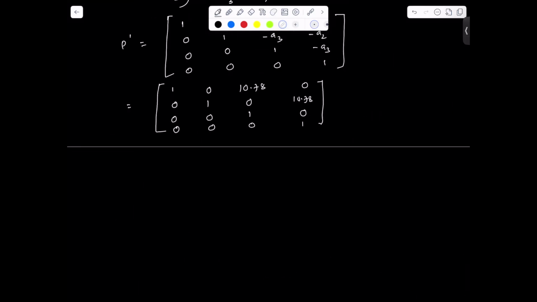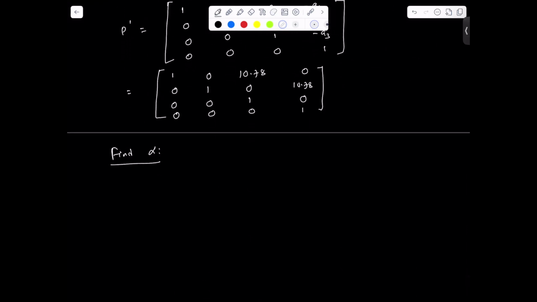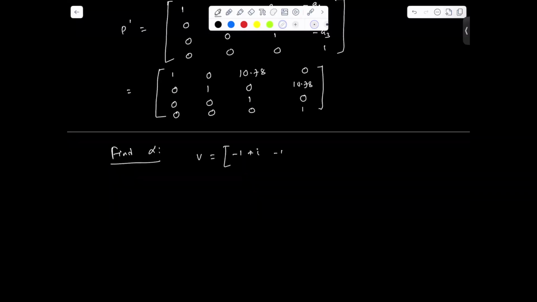Similarly, we need to find alpha. For this, the desired roots are given to us: minus 1 plus i, minus 1 minus i, minus 5 plus i, minus 5 minus i.